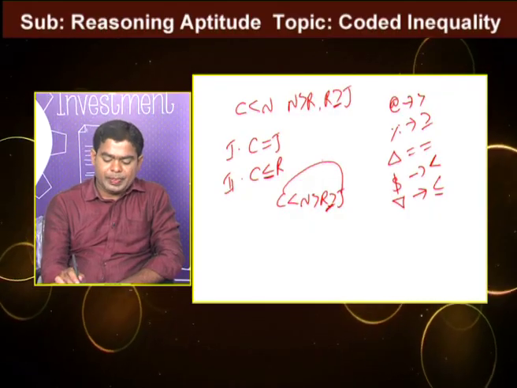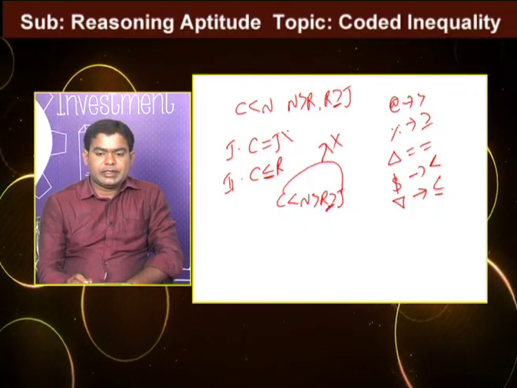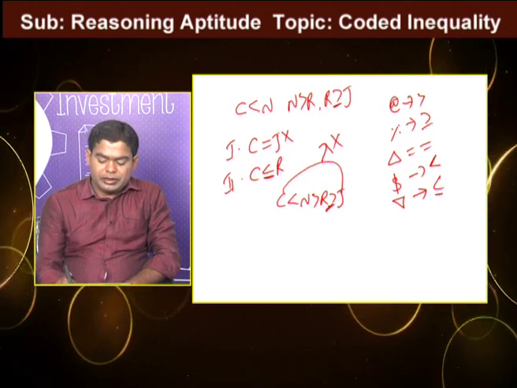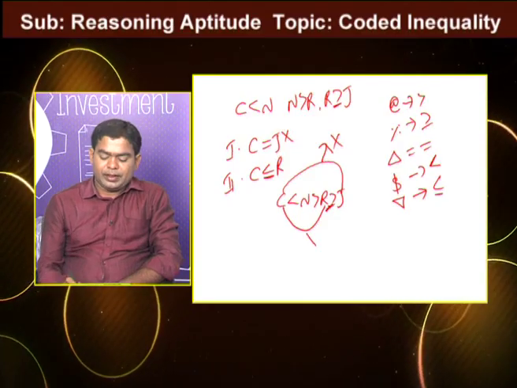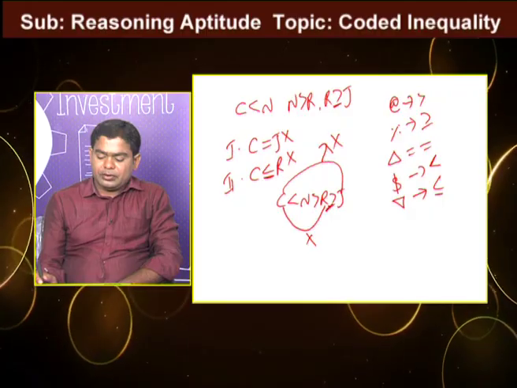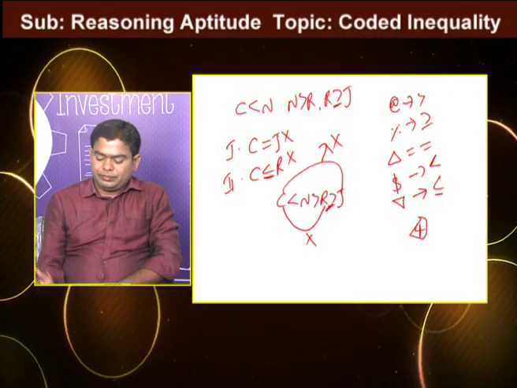No relation means conclusion is not satisfied. Then we go to the next conclusion, C less than or equal to R. C to R has opposite inequalities, that means no relation. No relation means conclusion does not follow. According to our question paper, neither one nor two follows. Then we take the fourth option.